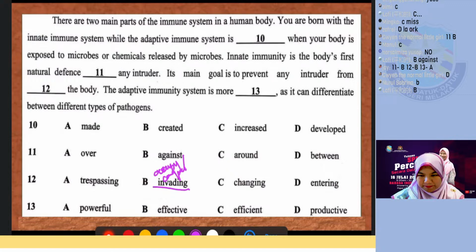You make the space yours. C, changing. What is the meaning of change? Changing here means you replace and make something become different. And the last one, entering. Entering means the thing can come or go into a particular place.